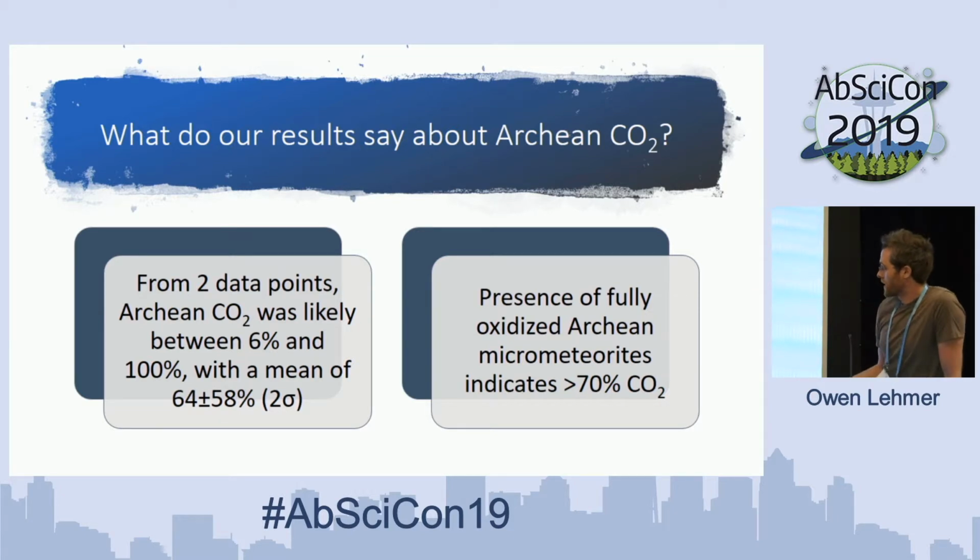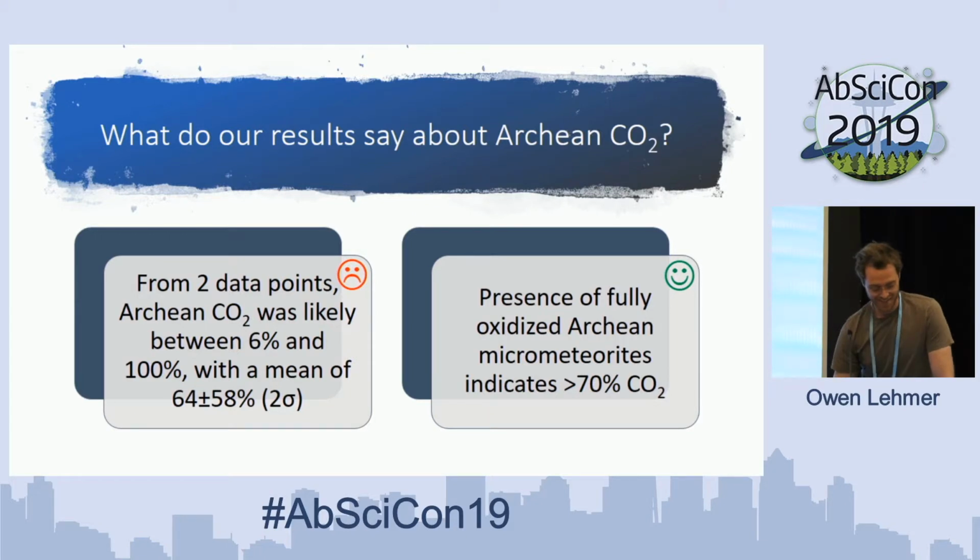And so we can get a tentative lower bound on CO2 in the Archean of about 70% of the atmosphere by volume based on the presence of those fully oxidized micrometeorites. I put some nice emojis here to say that one is not great, and we'll get the green smiley. That one is pretty cool.